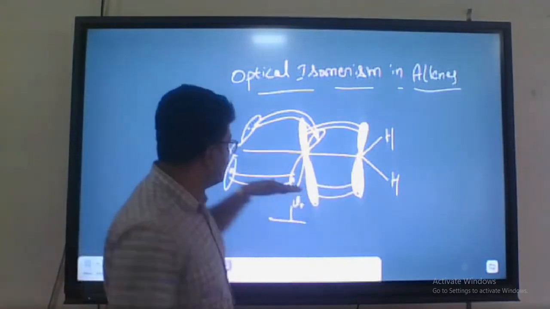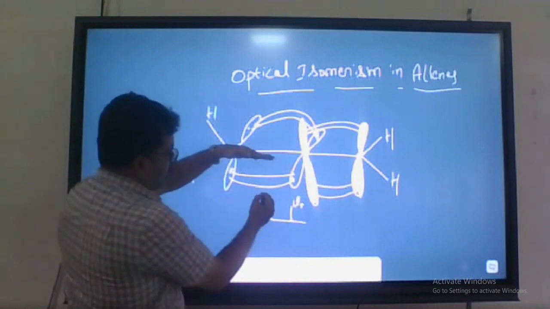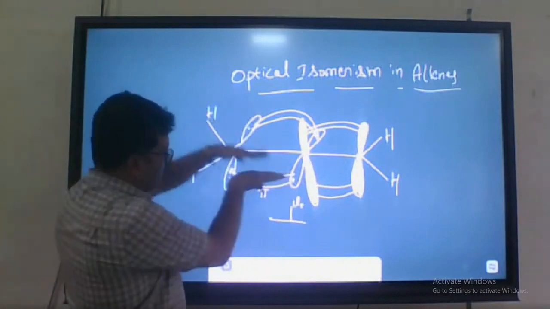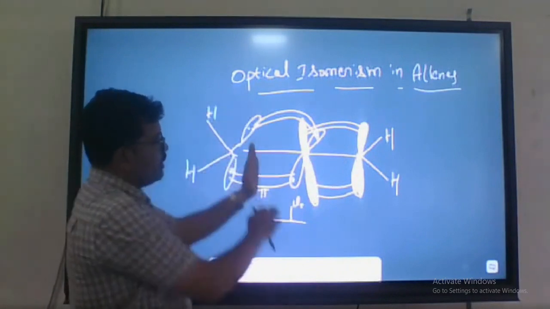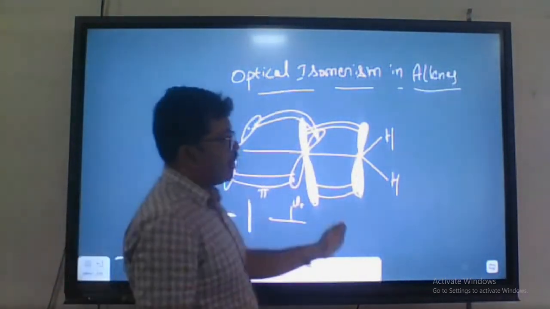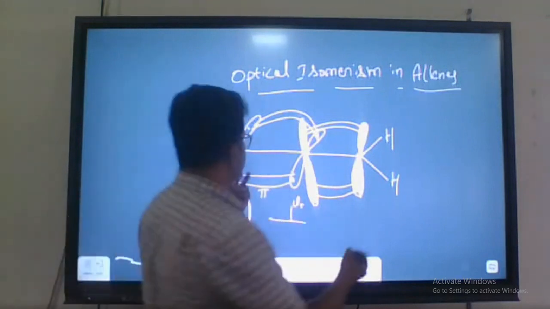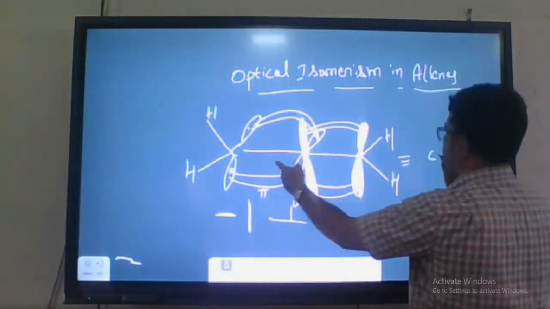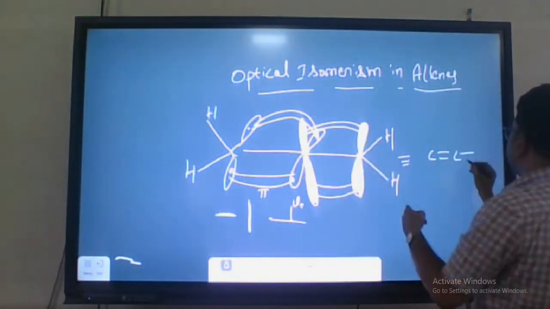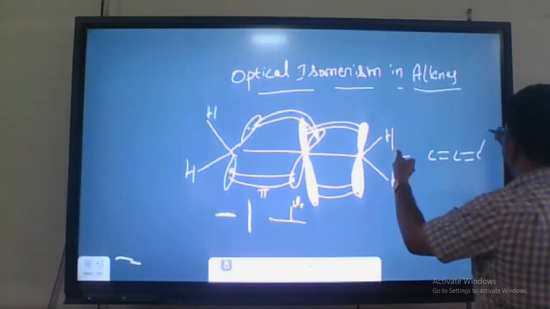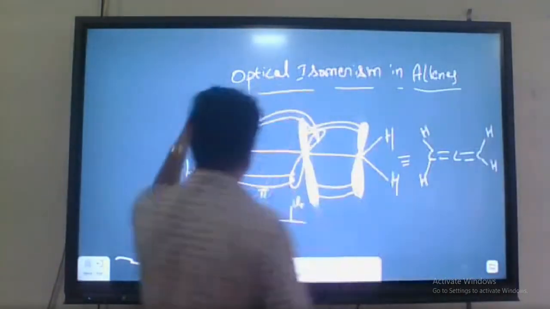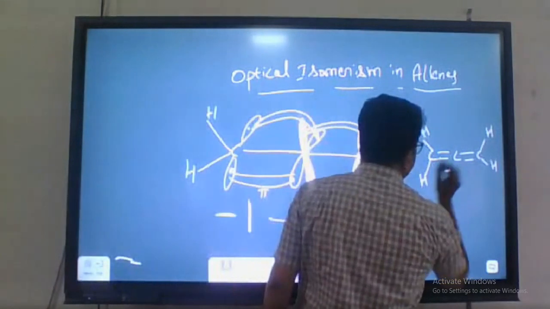One pi bond overlaps in this plane, and the other pi bond is perpendicular. So we can write this as carbon with a pi bond and one sigma bond, and again a pi bond, sigma bond, and this carbon, this hydrogen, finally hydrogen. This is the structure of the allene.